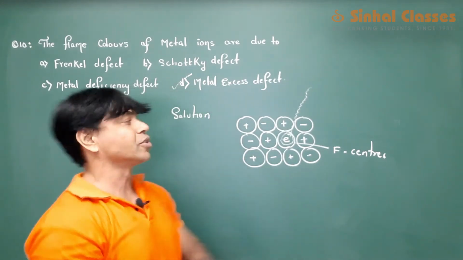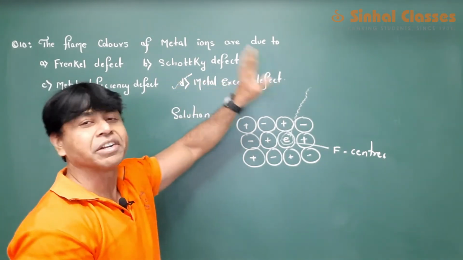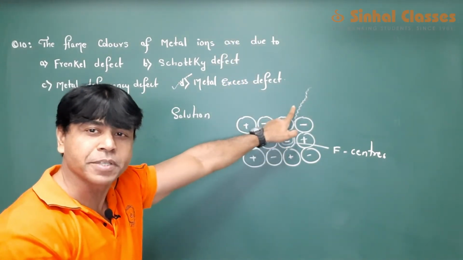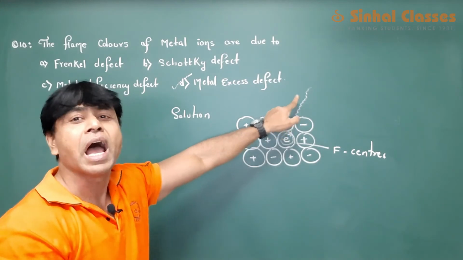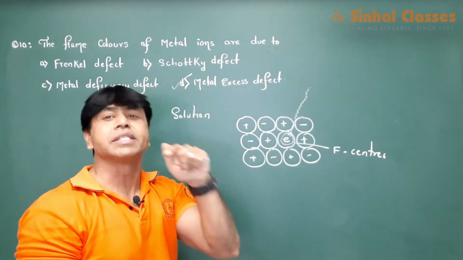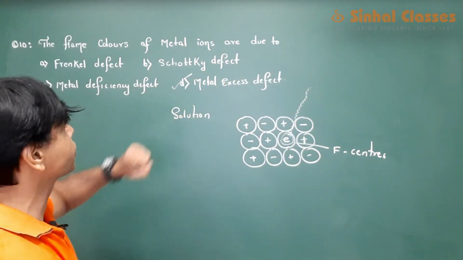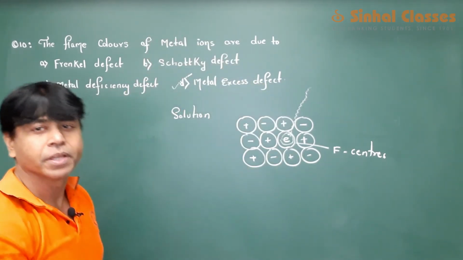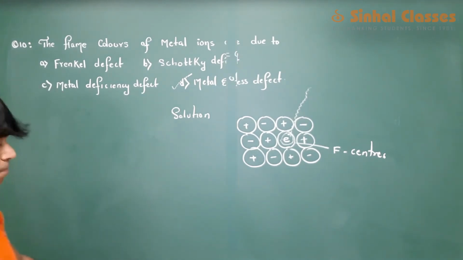So the color is because of metal excess defect. In this defect, an electron is trapped which absorbs energy of a certain wavelength, and the complementary color is seen by us. So your answer for this question is metal excess defect. Okay, now we go for the next question.